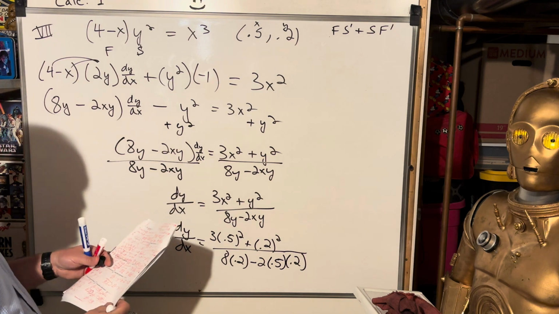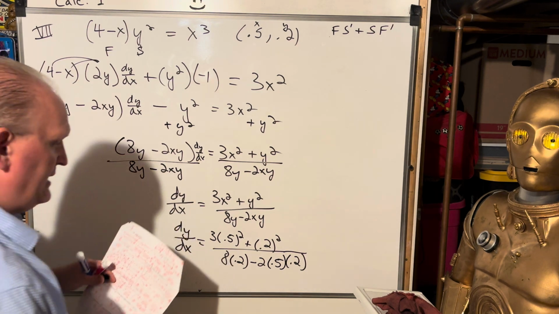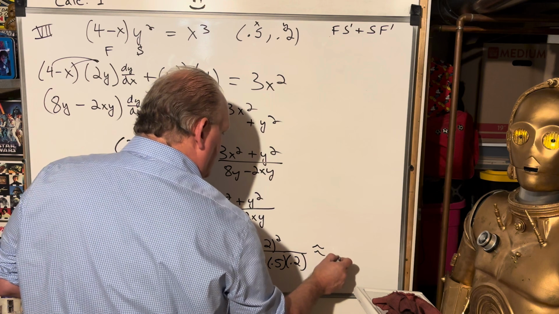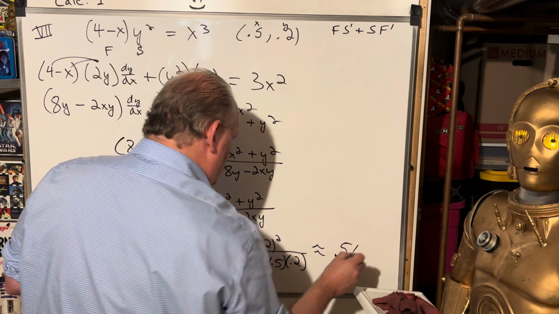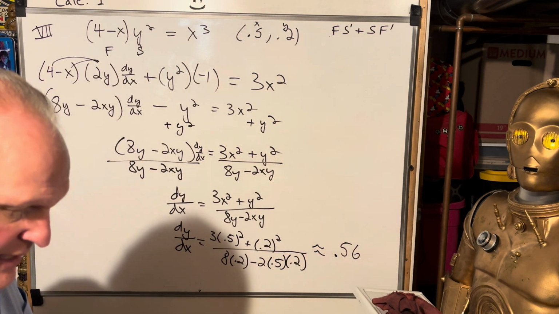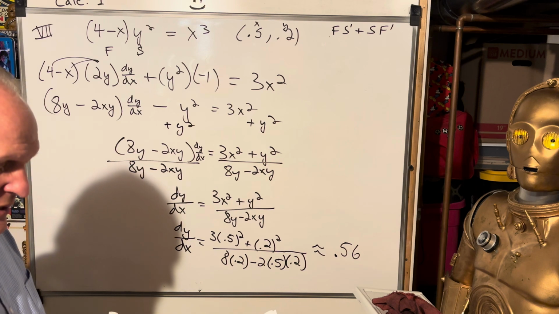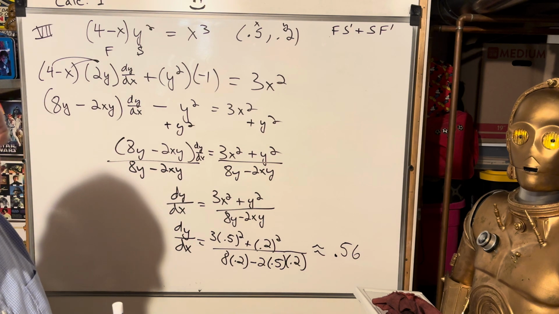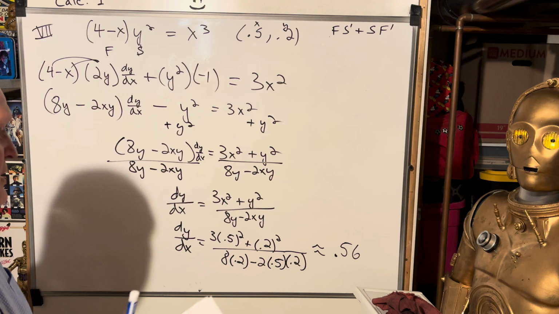And when you type all that in and divide it out, you should end up with 0.56. So our instantaneous rate of change at the point, or the slope of the tangent line at the point, is 0.56.